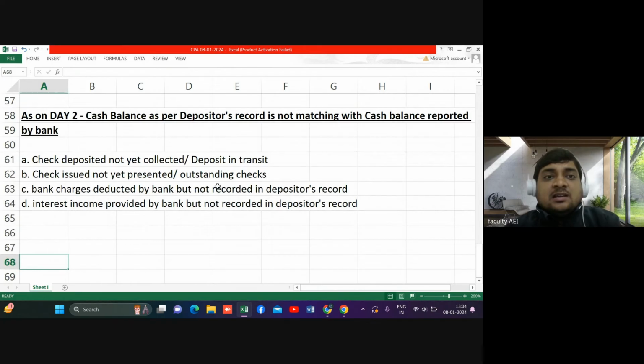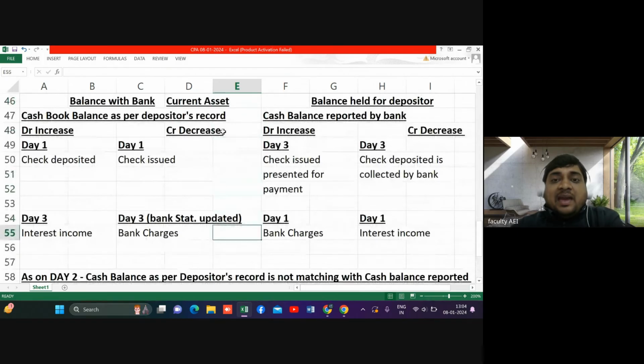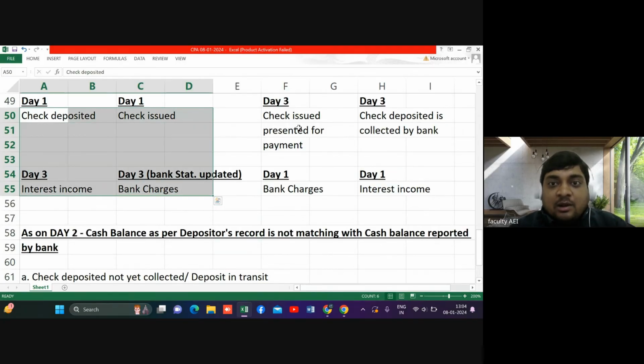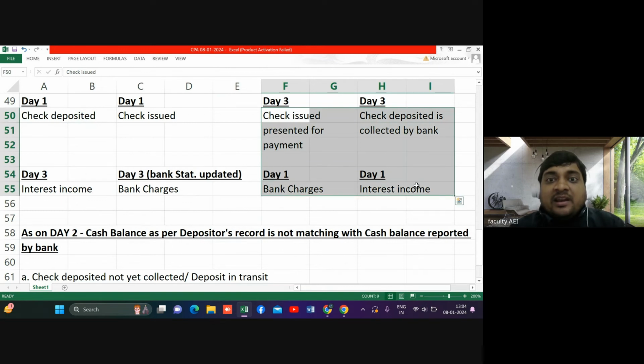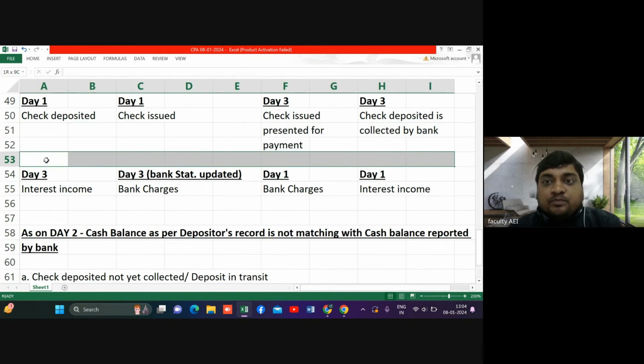So these are the few differences which we have noticed as on day 2. But if I check on day 3 end, then all these 4 are appearing here and all these 4 are appearing here. There won't be any difference. But if I prepare on day 2, this is not here on day 2.